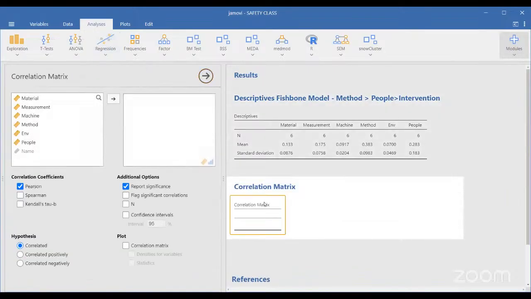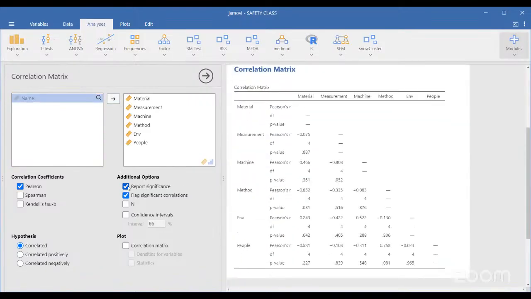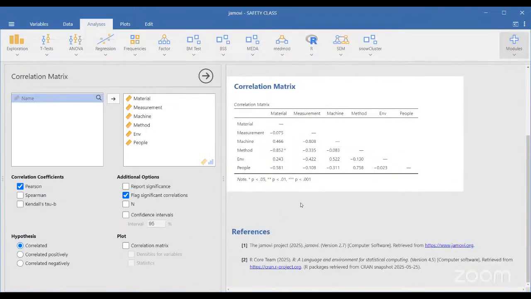And now you put the variables material to people. It is a hypothetical data.